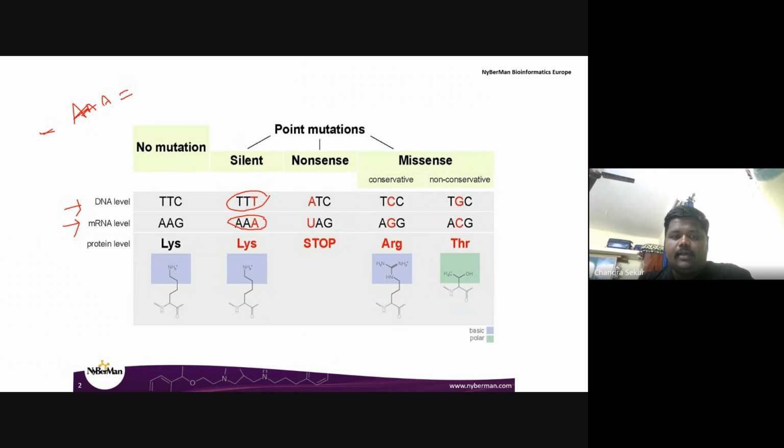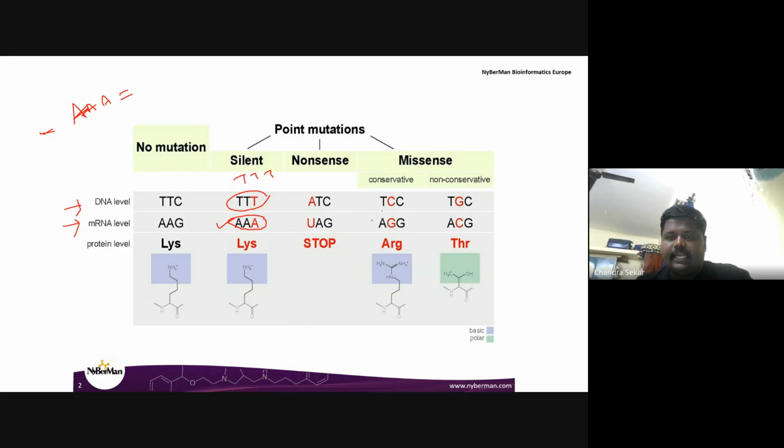See, when you go to the triple letter code, instead of AAA, if it is at least AGG, what happens? Like TTT, if something is replaced with one single letter, look here, it is TGC. Nothing wrong.